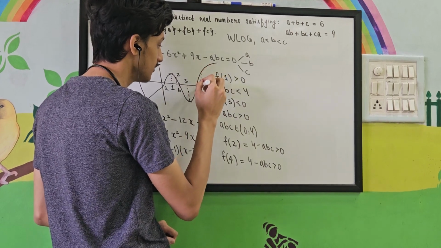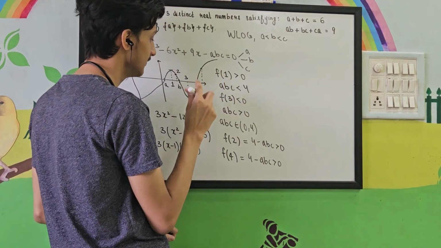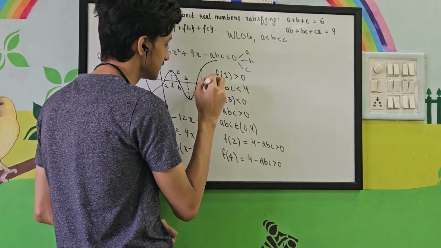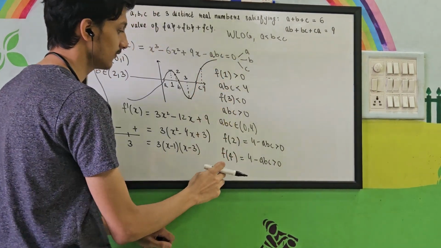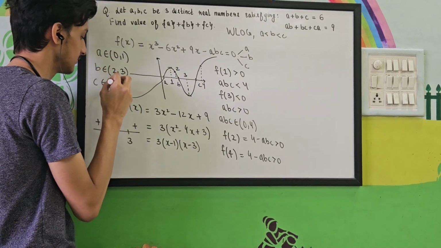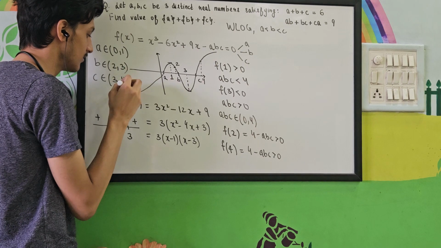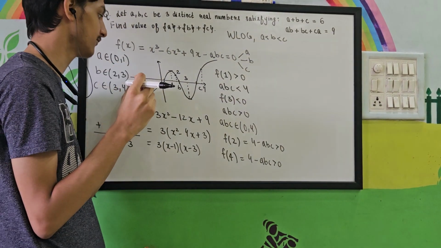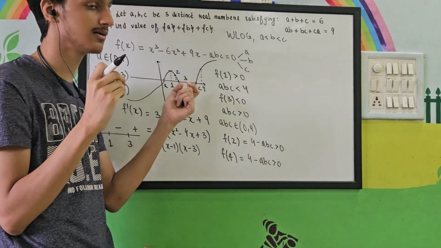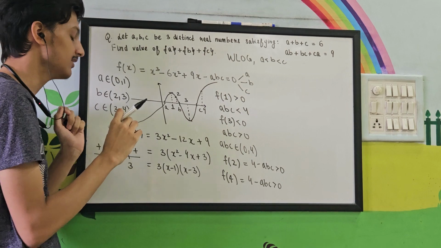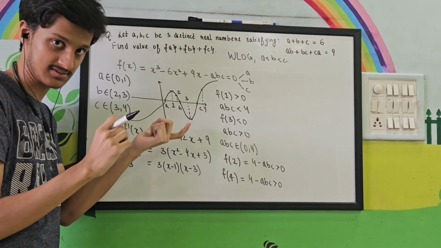So the third root, C, will lie between 3 and 4. This is 4. C lies between 3 and 4. And we are done. All we did over here was calculate f at different values of x and determine its sign, and using that we located a, b and c within integral gaps.